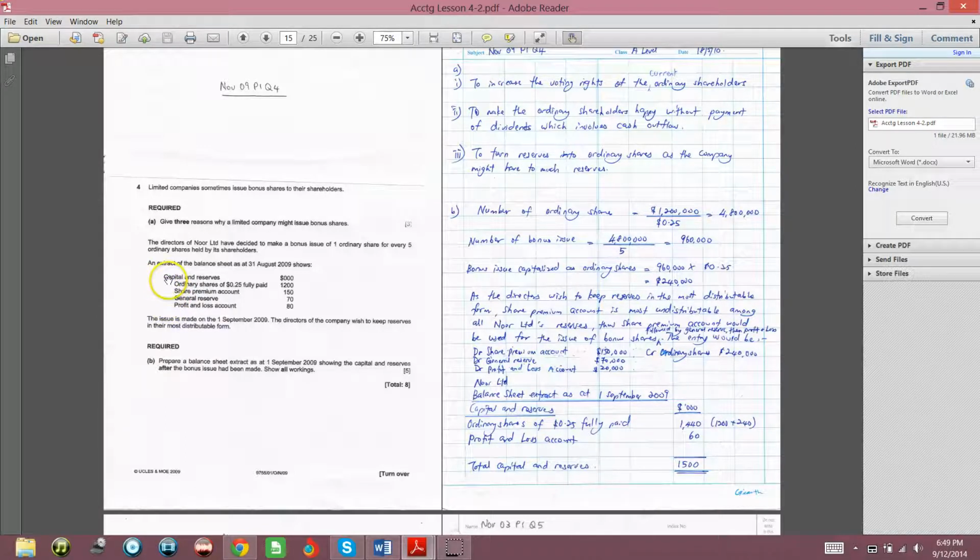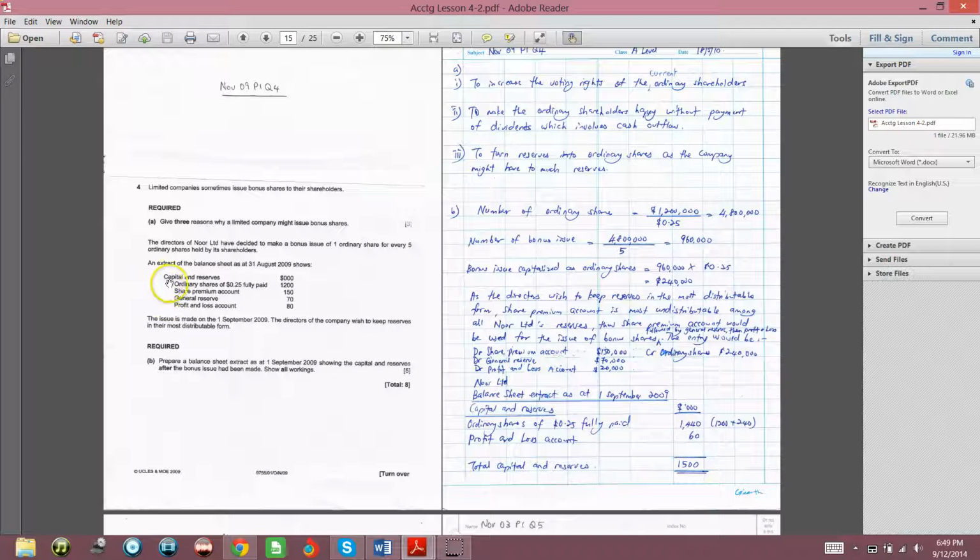You see here capital and reserves: ordinary share, share premium, general reserve, profit and loss account. Look at the sequence here. From the bottom, normally this is arranged in this way. The bottom one is the most distributable reserve.